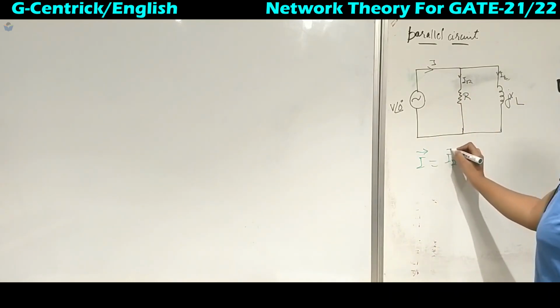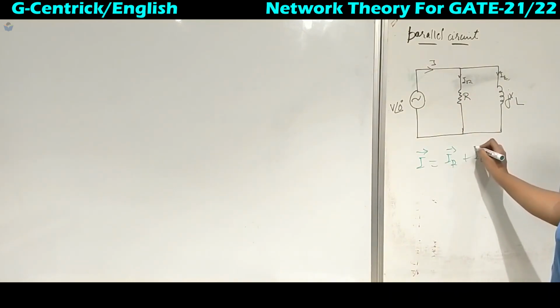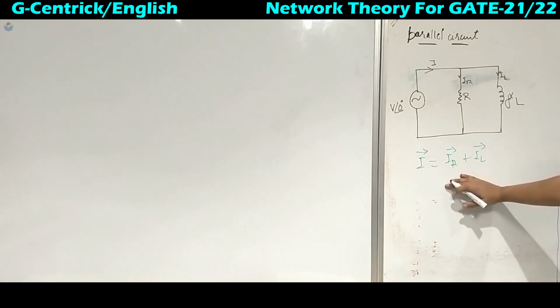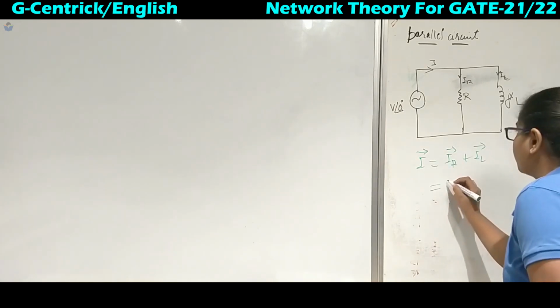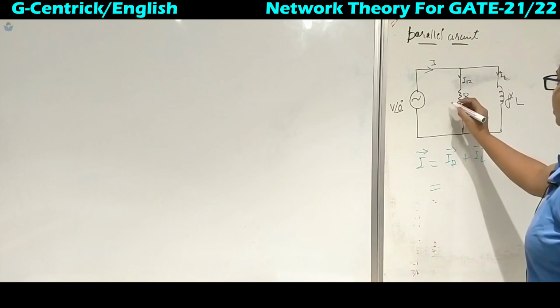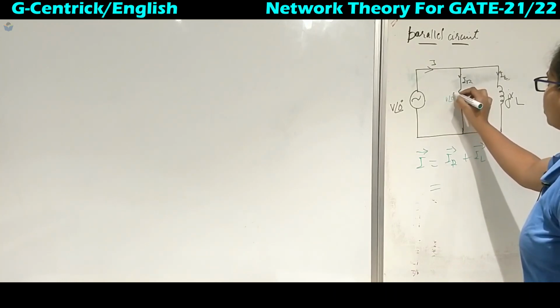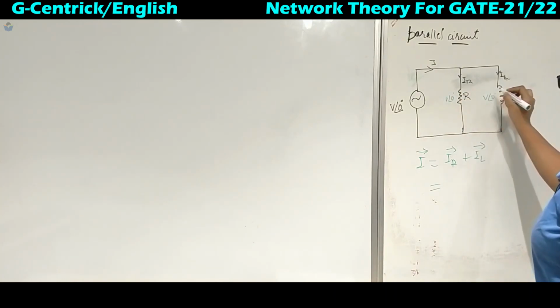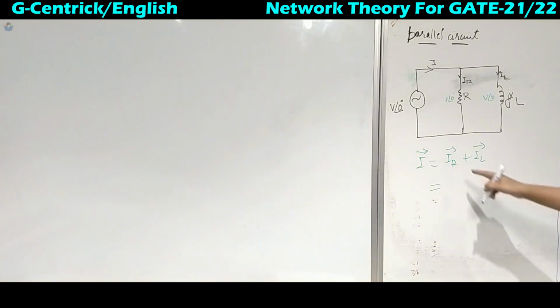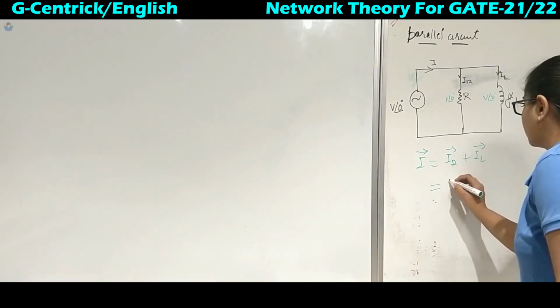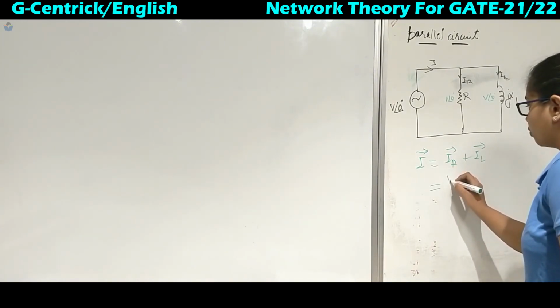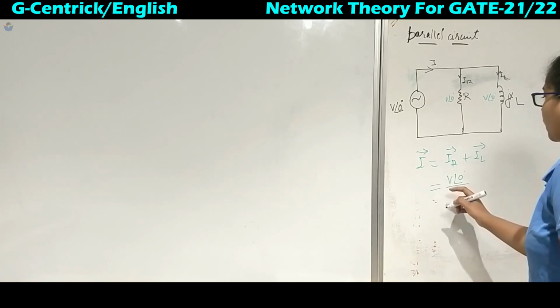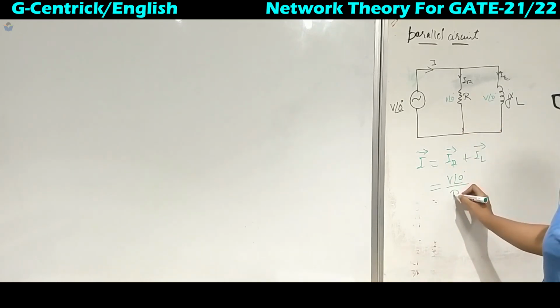So this is I equals IR plus IL. Here we have V at angle 0 degree, so IR I can write as V upon R, with V at 0 degree.